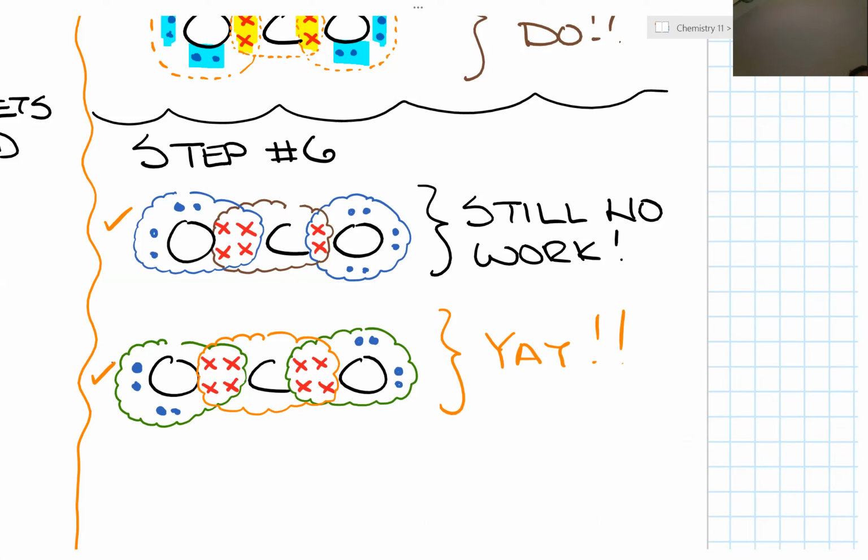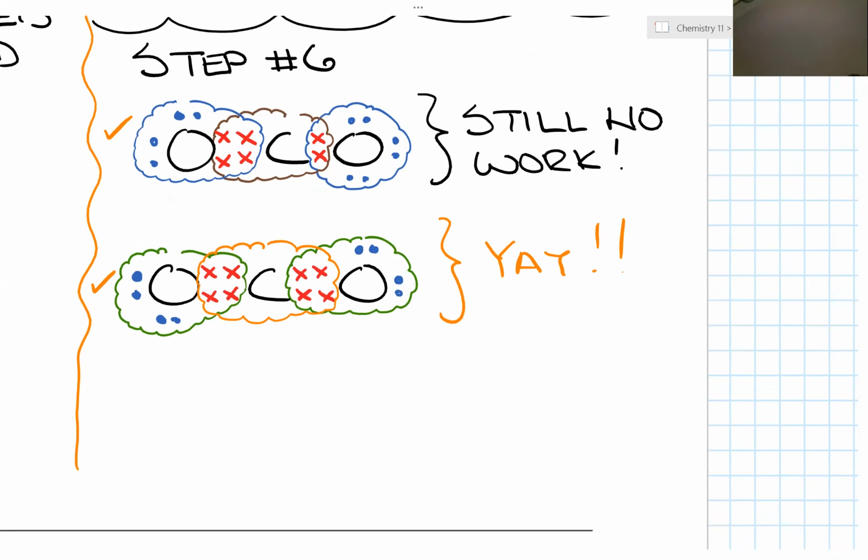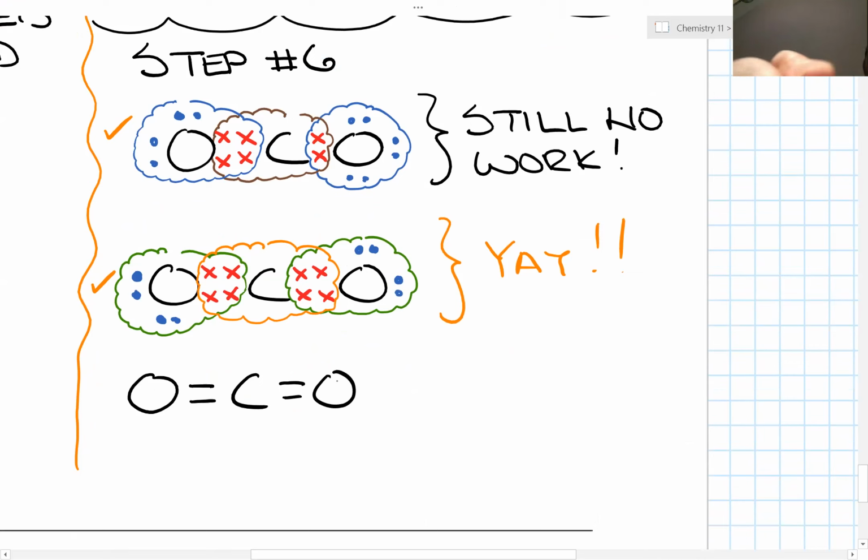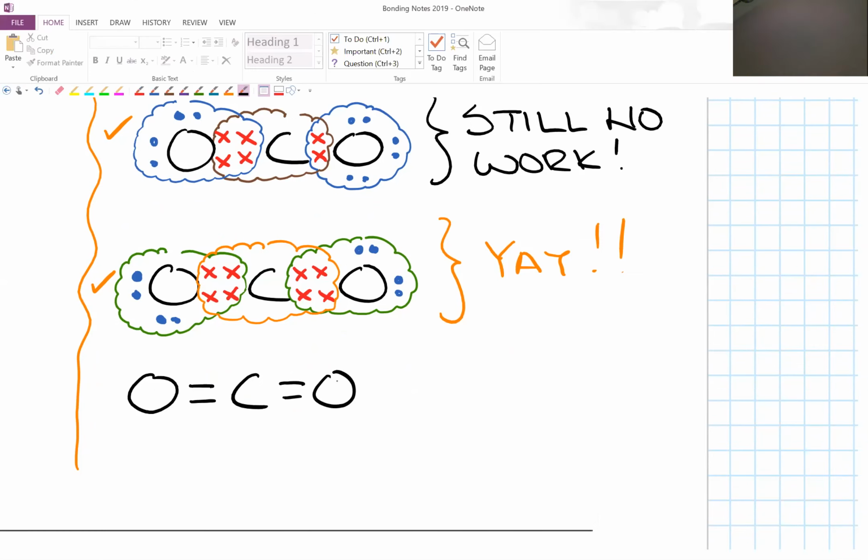Okay, it's a progress. Now, some of you might say, well, Mr. Chan, how come we see in books carbon dioxide looking like this? What do the lines represent? Well, the lines represent 1 shared pair.